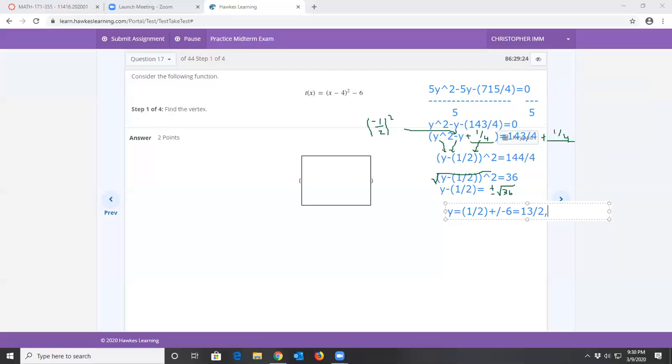And if I have 1/2 minus 6, that would be 1/2 minus 12 over 2, so that's minus 11 halves. Those would be my 2 zeros there. Okay, awesome. And it would work out the same way if you did the quadratic formula. You could just plug those in, and you should get the same thing. Right.